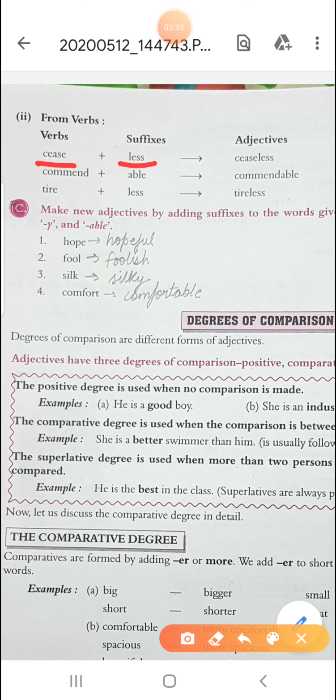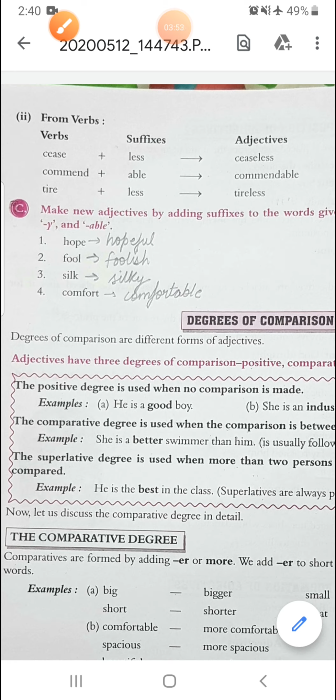If we add less to it, it becomes ceaseless. Then able to commend becomes commendable. Less to tire becomes tireless. So in this way we can form adjectives by adding suffix to verbs or nouns.